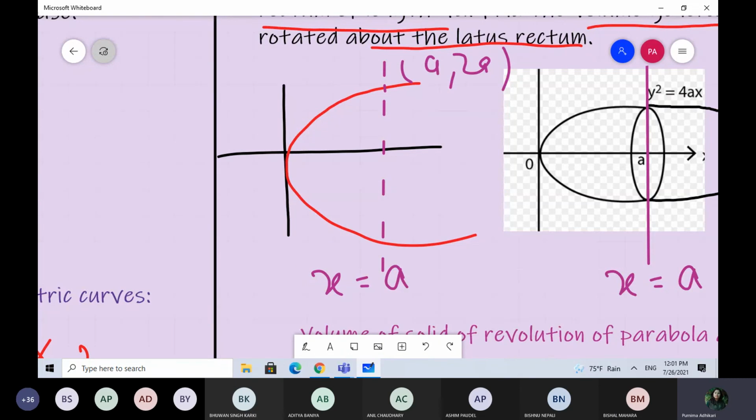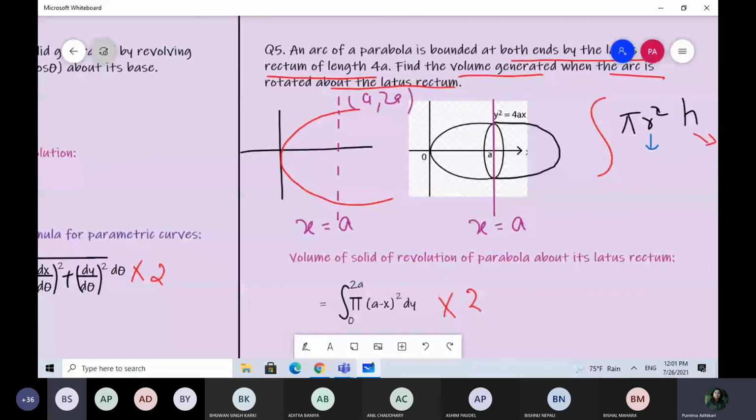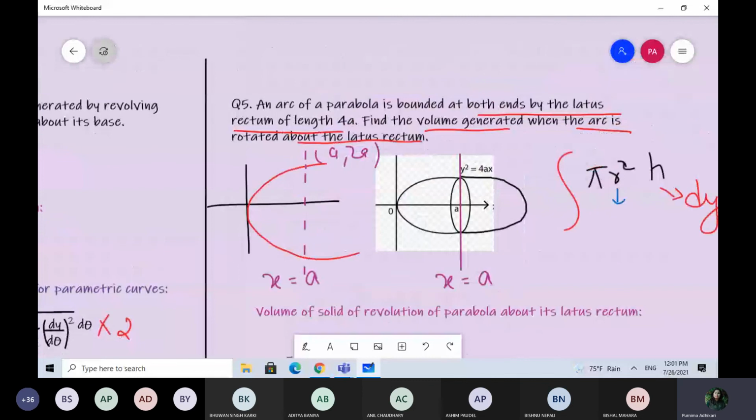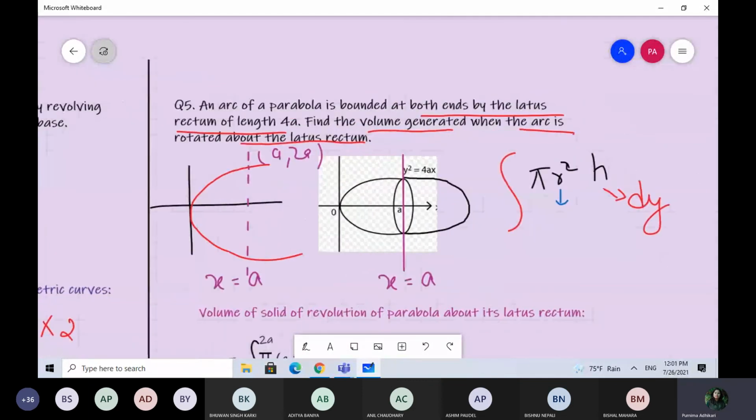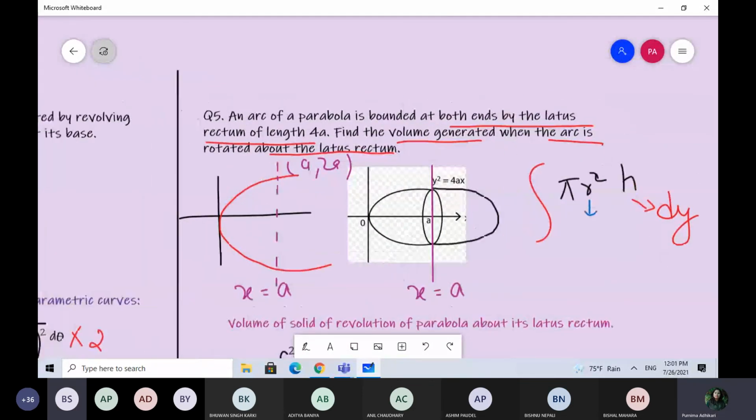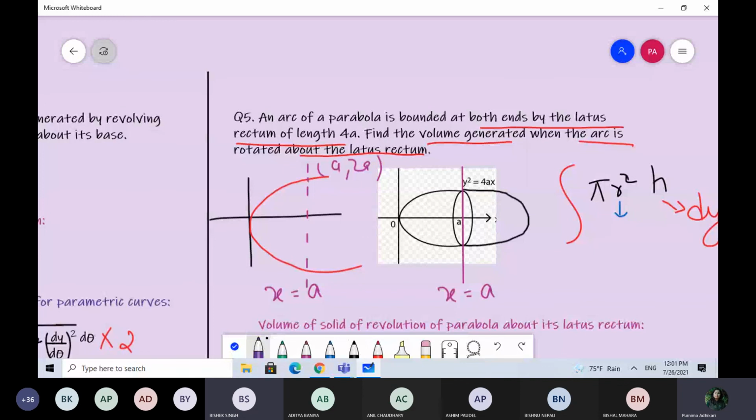Now decide your limits of integration also. So r will be replaced by a minus x, squared, and in place of h, dy. Limits of integration, tell me. You don't have to think so much. 0 to 2a. You have dy. Very good.